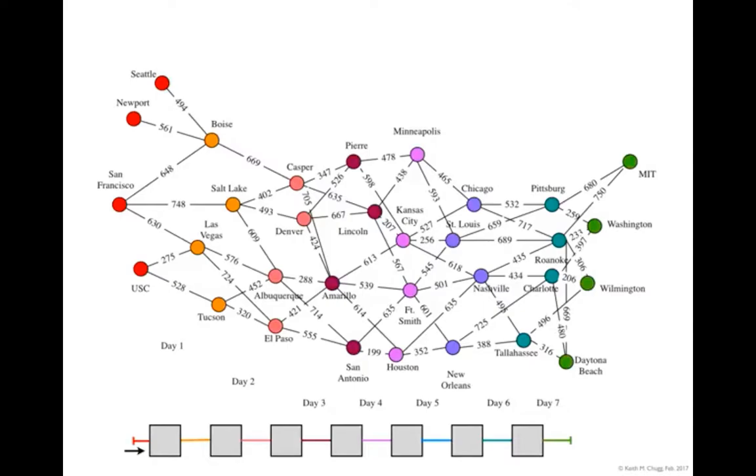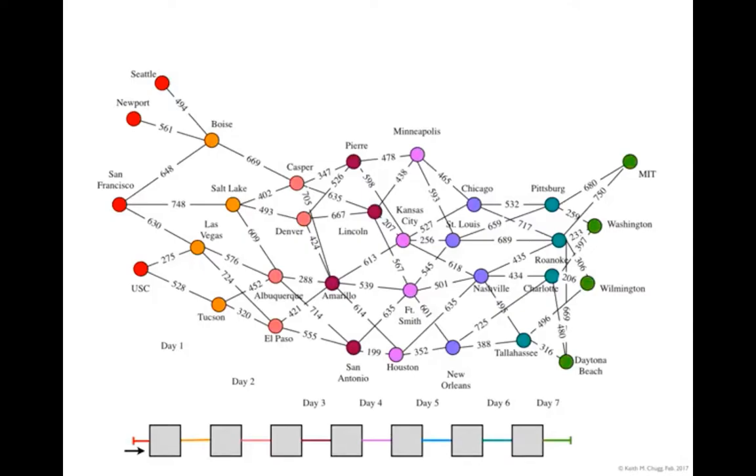And then if you consider extensions of those routes from the ones from Pierre, Lincoln, Amarillo, etc., the number of possibilities keeps growing very rapidly. So it's really not practical to write down a list of all the possible routes. There's got to be a better way. And in fact, there is a better way to do this. And that's exactly what the Viterbi algorithm does.